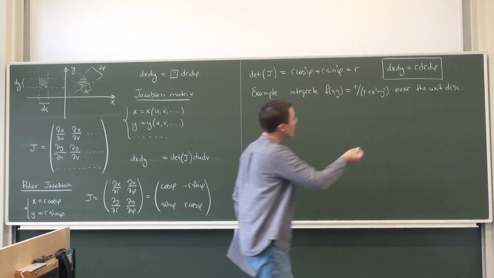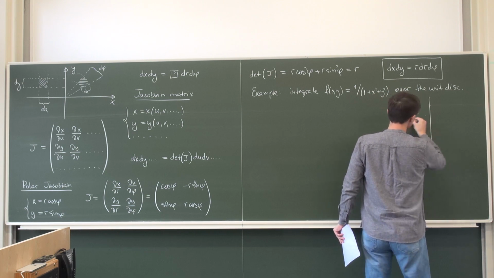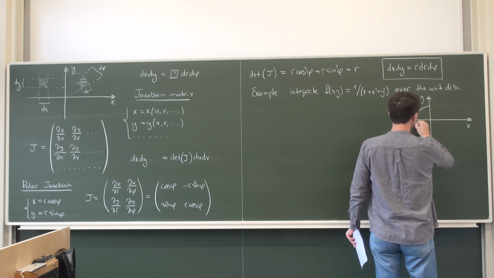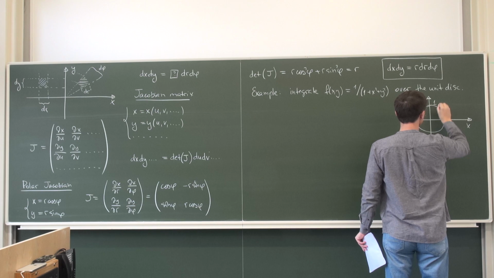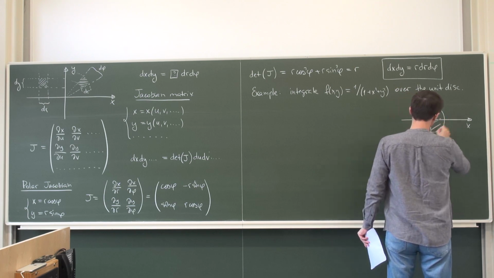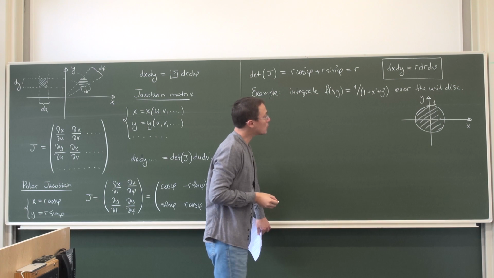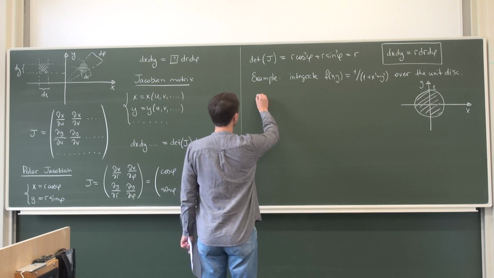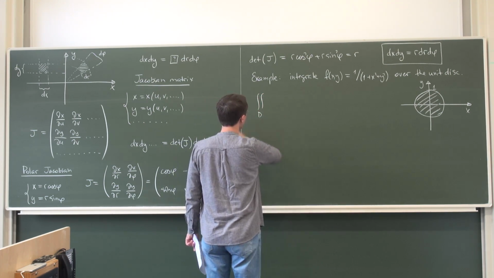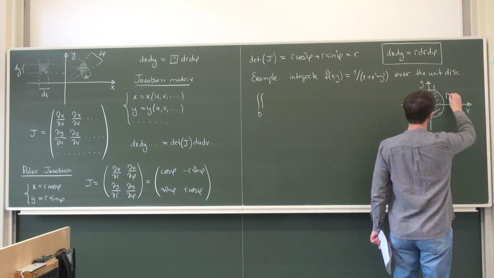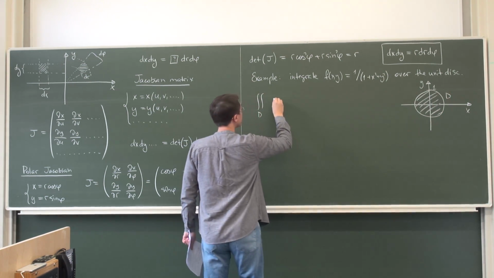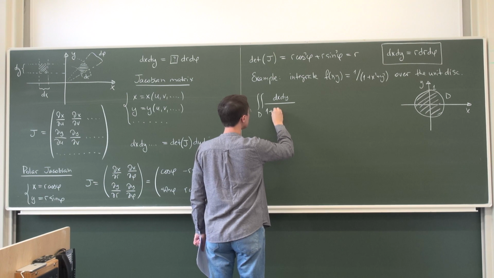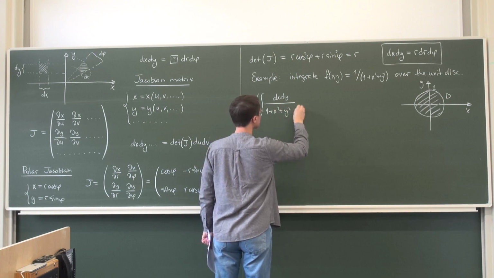Okay, so the integration area is quite simple. We have x, y, and the disk with a radius. Now let us think about what would happen if we were to try integrating this in Cartesians. We have our double integral over this, and it is dx dy over 1 plus x squared plus y squared.